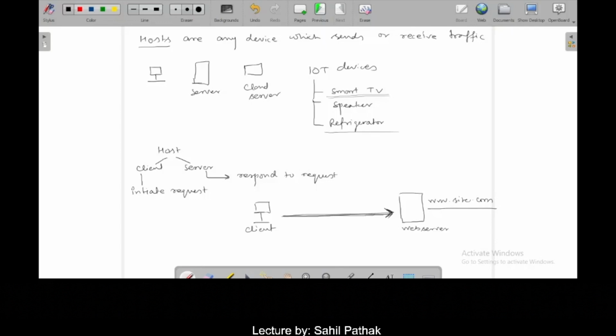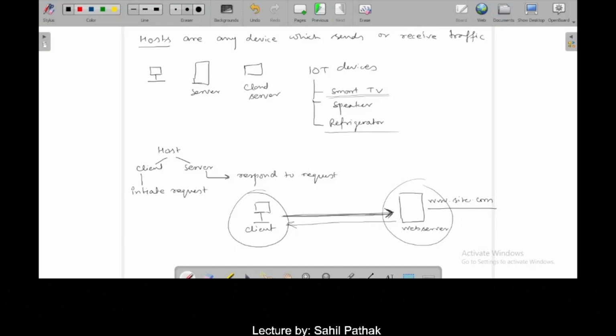Now it is connecting to its web server, and the web server is going to respond to this request and send the way to open a web page. So in this case, this would be a client and this would be a server. And in broader terms, both of these are hosts.